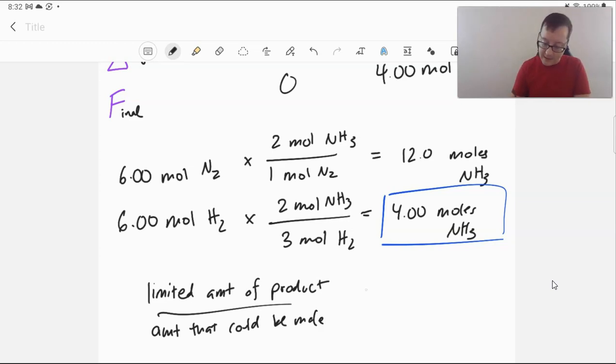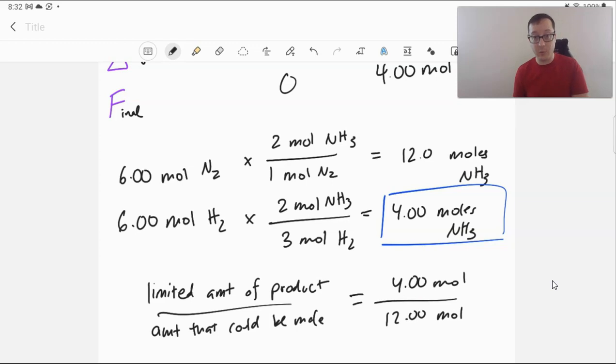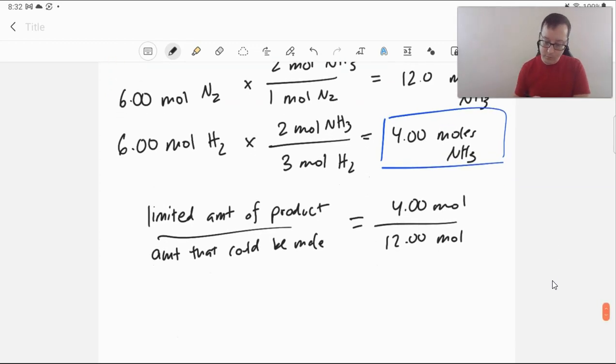In that case, that's going to be 4 moles over 12 moles. That's 1/3, right?